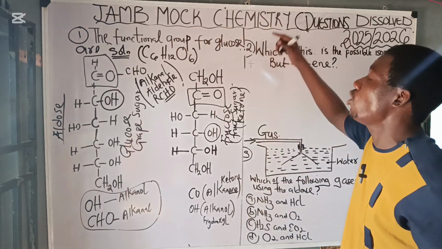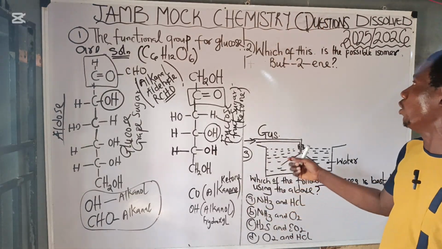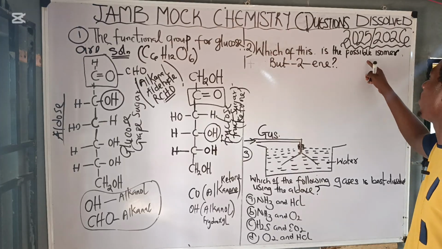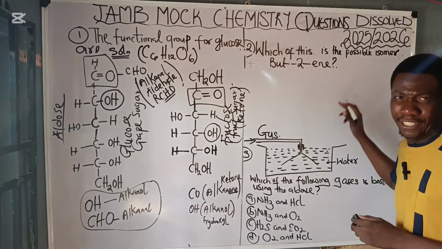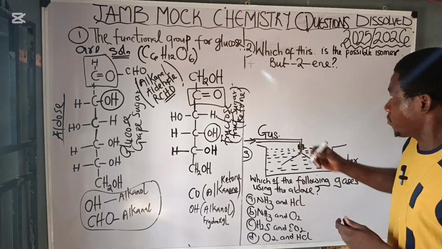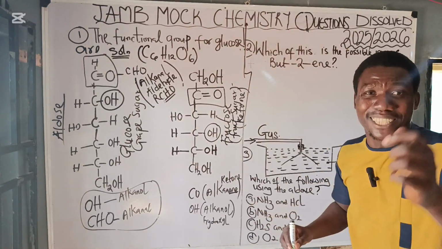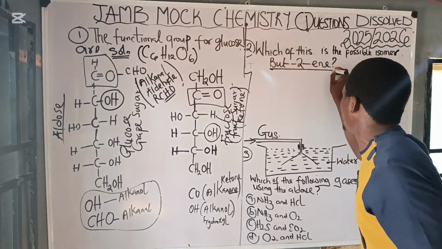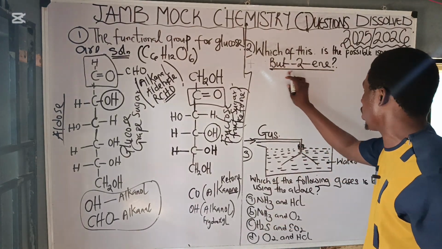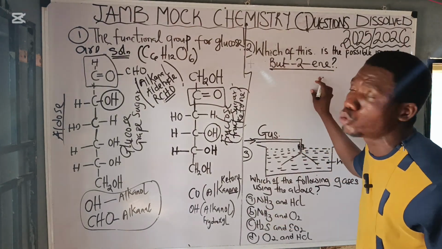The second question on the Jamb mock chemistry questions says which of these is the possible isomer of but-2-ene. Now, it depends on the options that were given to you. Let's quickly dive into the structural isomers for but-2-ene.